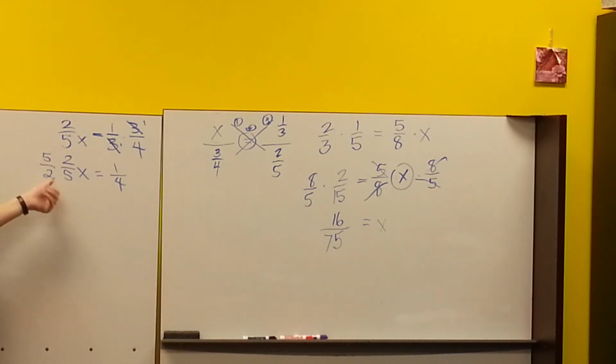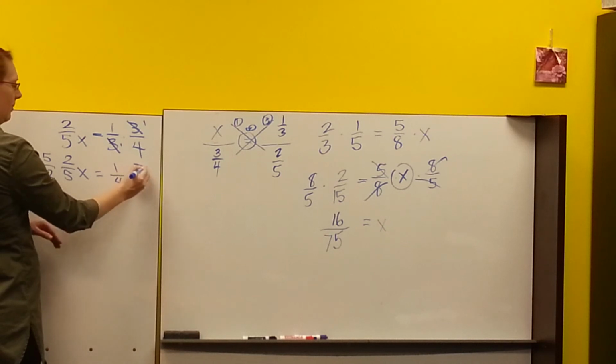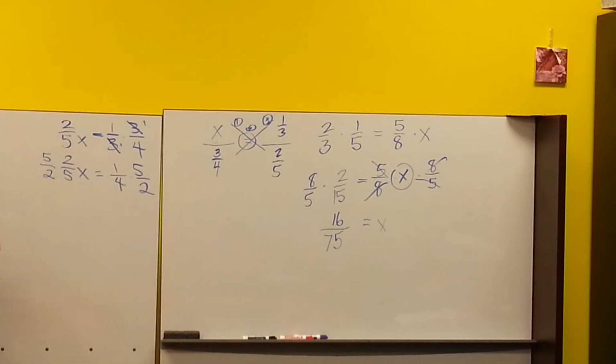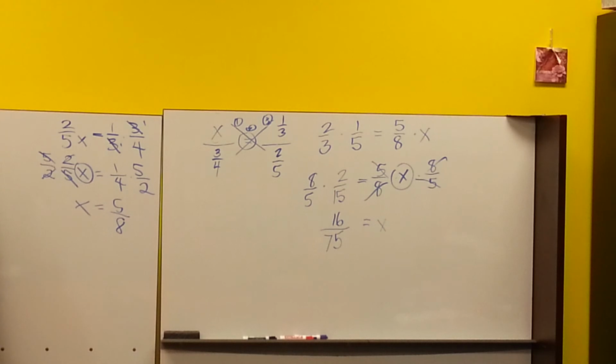So if I multiply this side by 5 over 2, what else must I do, Jamaica? Exactly. I have to multiply the other side by 5 over 2 also. Okay? So now they do what we want. They cancel off, so all we've got left is x. And we've got 1/4 times 5 over 2. So Damon, what does x equal in this equation? 5 over 8. Okay? 5 over 8.